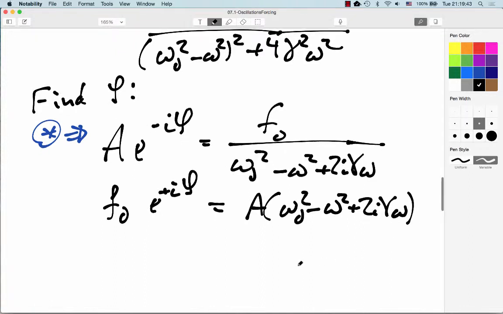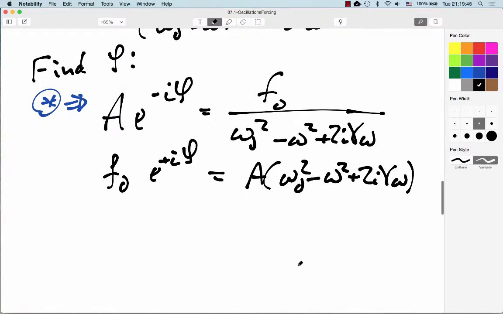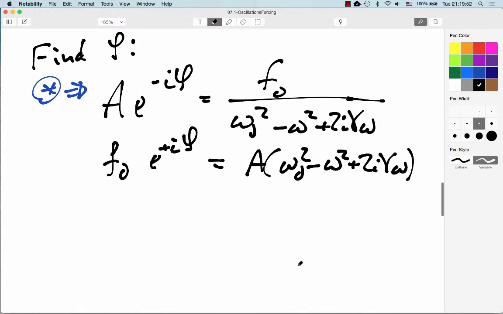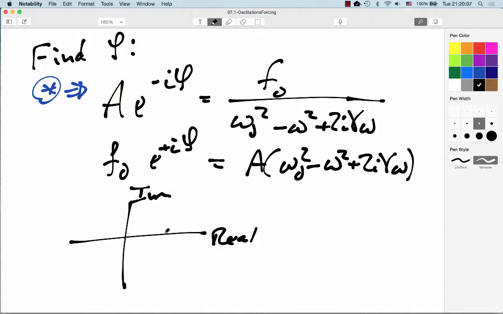Okie dokie. Well, that I can start to pull out. If I look at it in the complex plane, that is telling me, so here is the real part, there's the imaginary part, there's my phase angle phi.